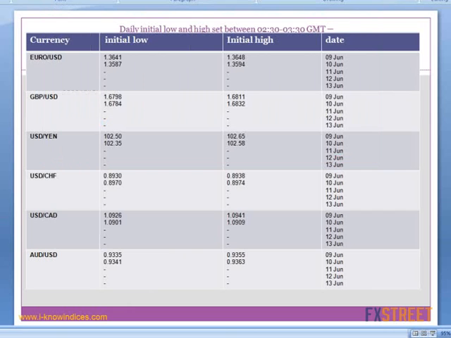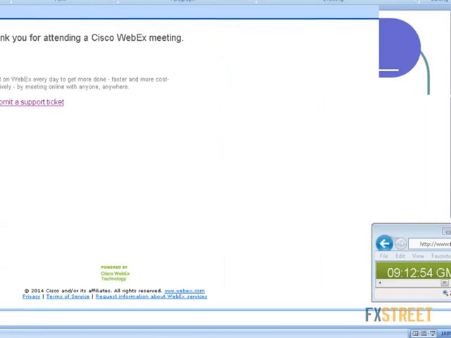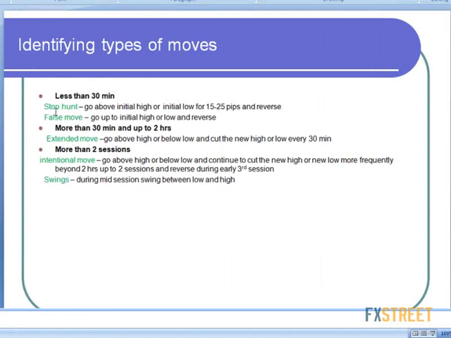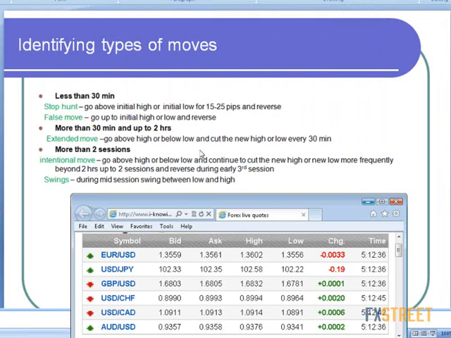So what we understand with regard to the respective currencies, I explained. Now we will try to find out the types of moves, and we can recognize what moves they are doing. Stopping is a move which happens in less than 30 minutes above the initial high or below the initial low, and then reverses for about 15 to 25 pips.